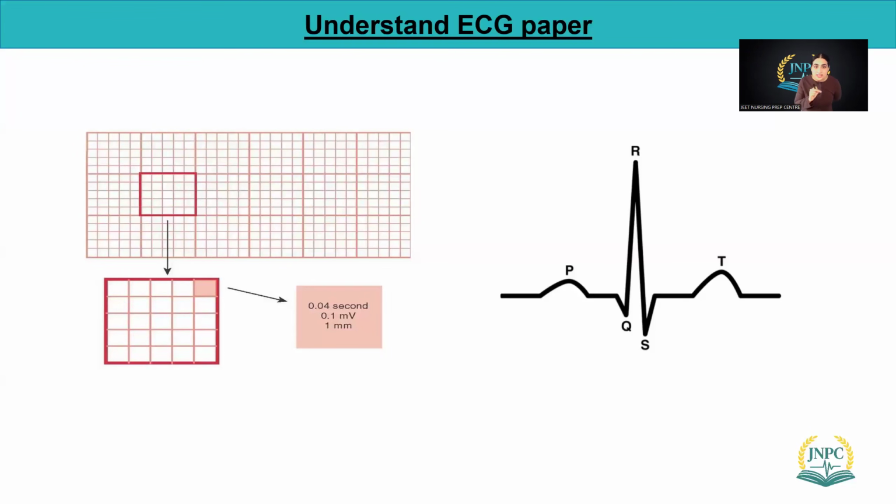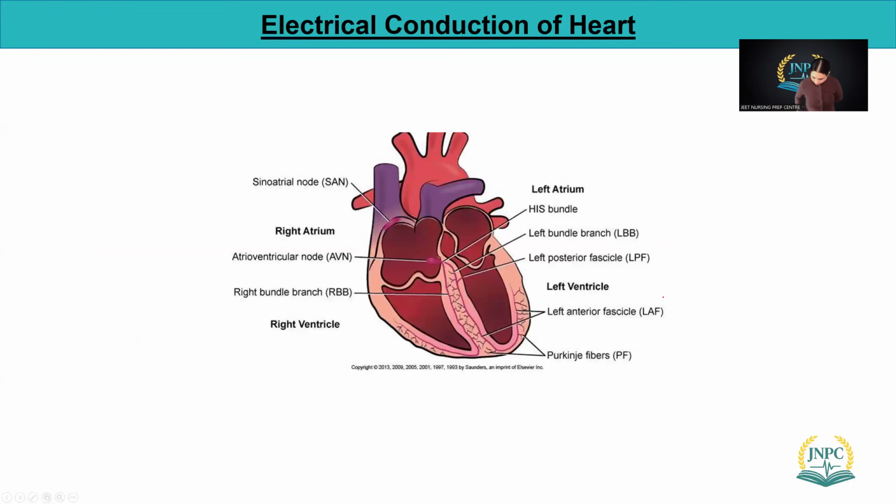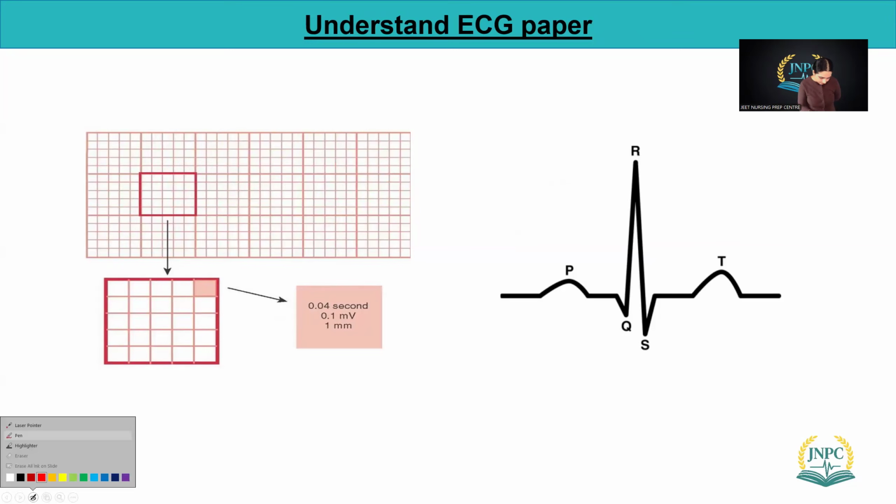Why are we doing this? Because this is going to help you understand further. This is very basic. So stay with me. Don't worry about the millivolt or millimeter. Just focus on time, the seconds. One small box contributes 0.04.